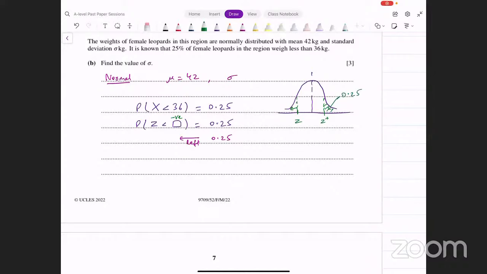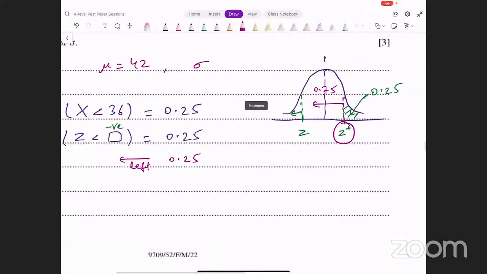If this area is 0.25, what about the area towards the left of this? इसके left वाला area कितना हो जाएगा? ये वाला region. That's going to be 0.75. इस line के left वाला region, Z plus वाले point के left पे region कितना आएगा?